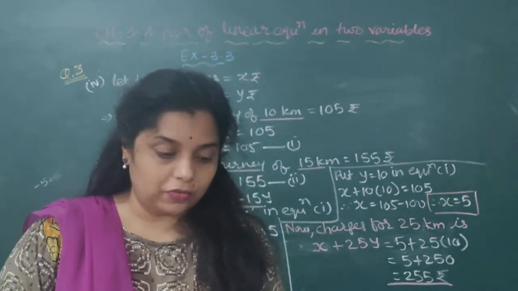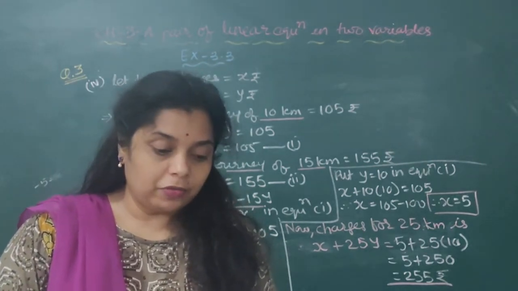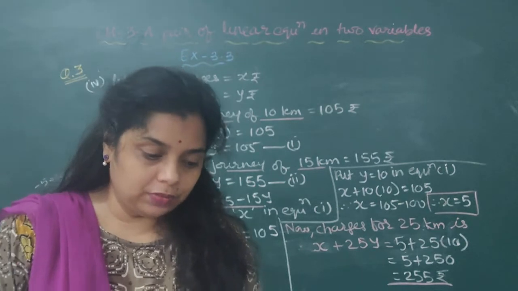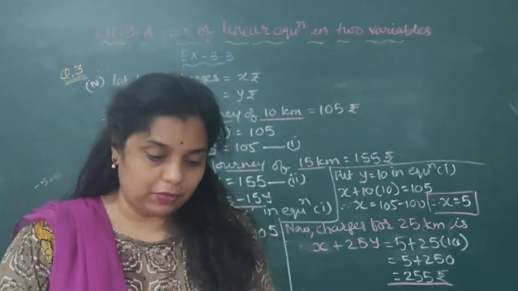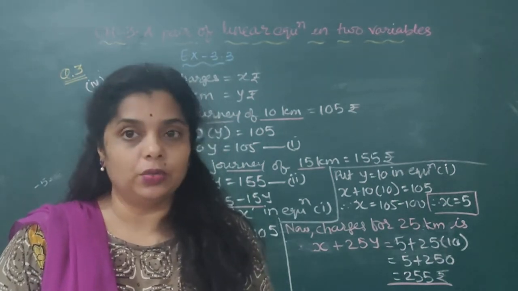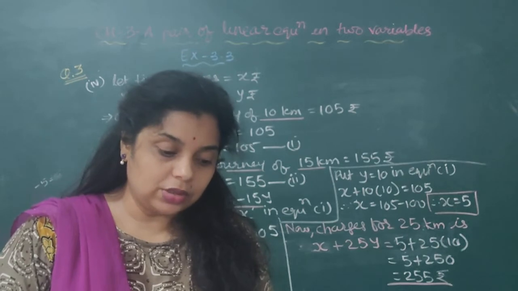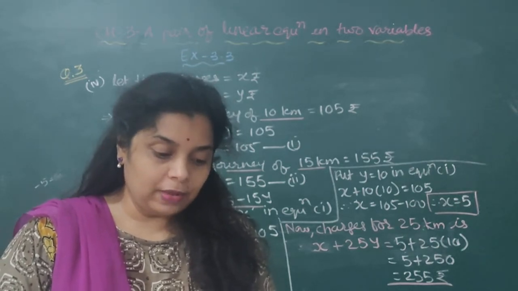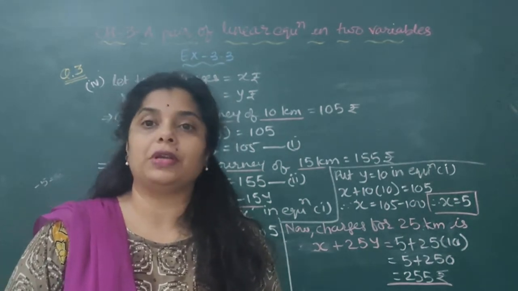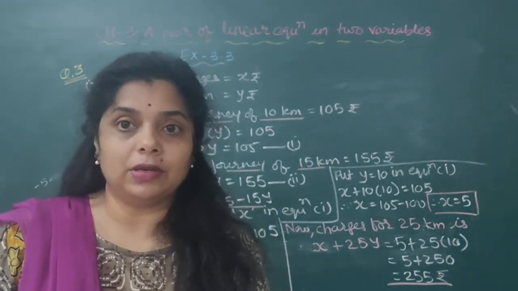For a distance of 10 kilometers, the charge paid is 105 rupees. For 15 kilometers, the charge paid is 155 rupees. What are the fixed charge and the charge per kilometer? And the second question they ask is, how much does a person have to pay for traveling a distance of 25 kilometers? Okay, so here three things are given.